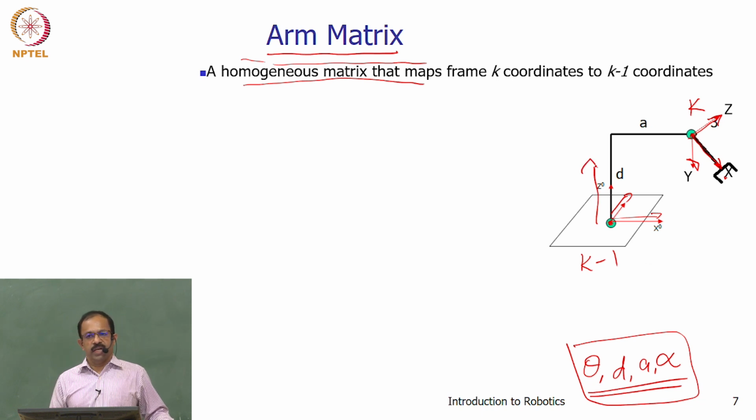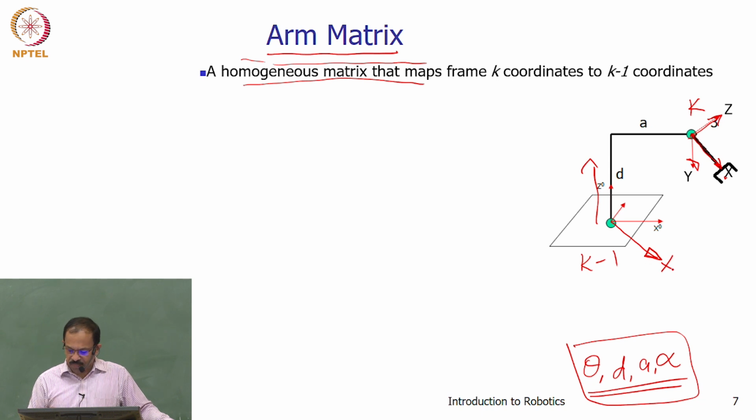x, y, z here. Now assume that this x, y, z is rotated by an angle theta with respect to the z0 axis. If it is rotated, then this will become your rotated x, and it is rotated with respect to the z axis.